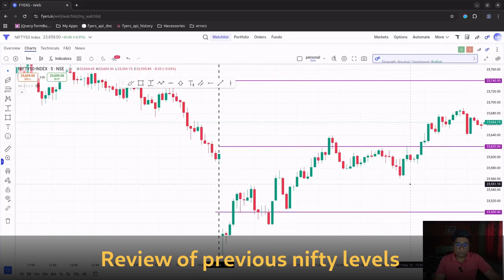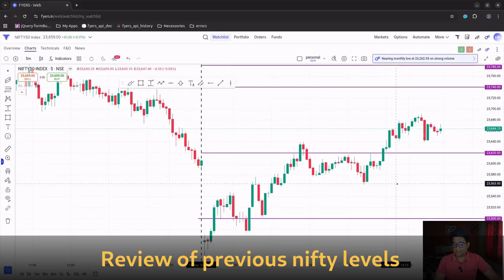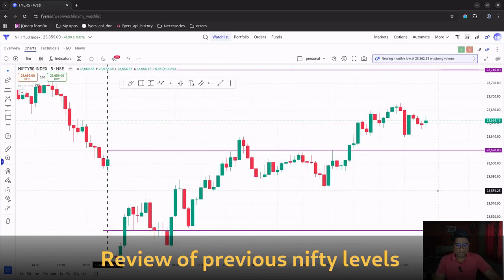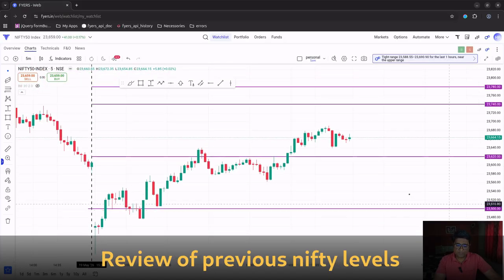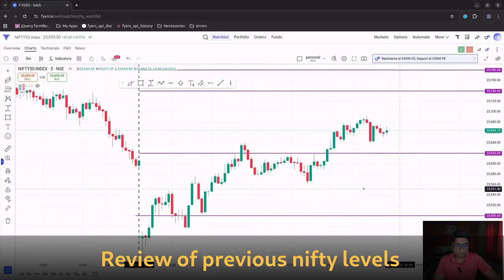So you have to reduce the key levels. Some lines become redundant, so you eliminate some and keep only the significant key levels which matter. That's what the code does.